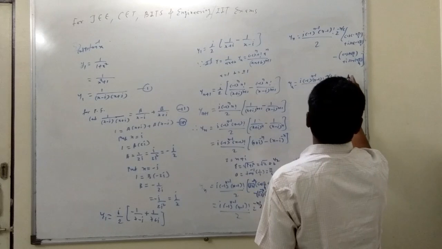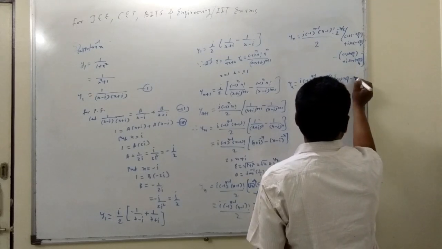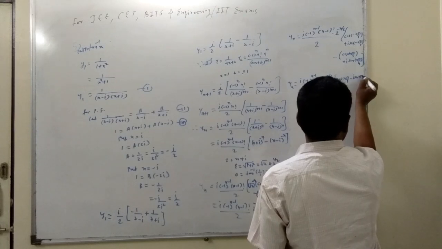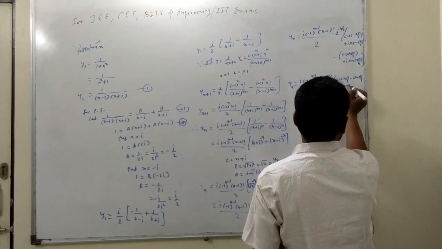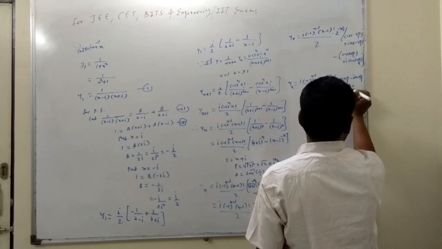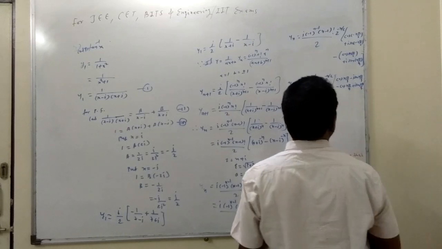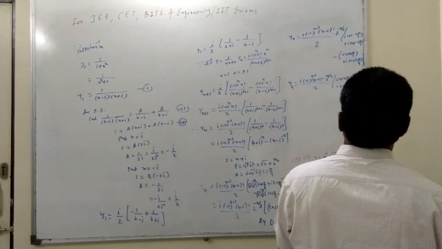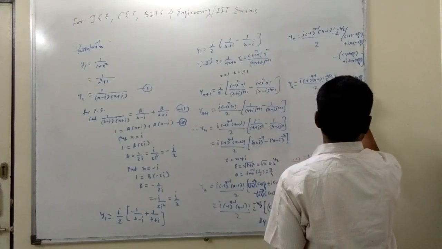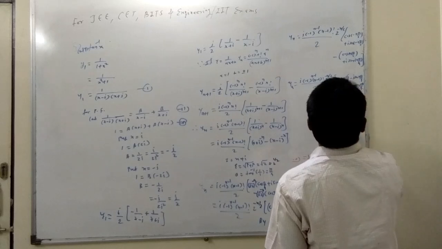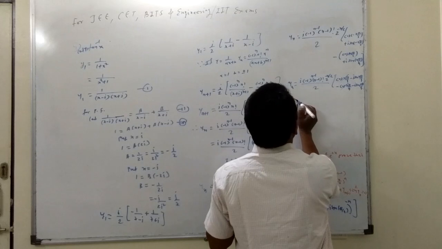Cos of minus theta is cos theta, so cos n pi by 4, sin of minus theta is minus i sin n pi by 4, minus cos n pi by 4 plus i sin n pi by 4. Now cos n pi by 4 plus and minus gets cancelled, and the minus i sin n pi by 4 minus, that is minus 2i.